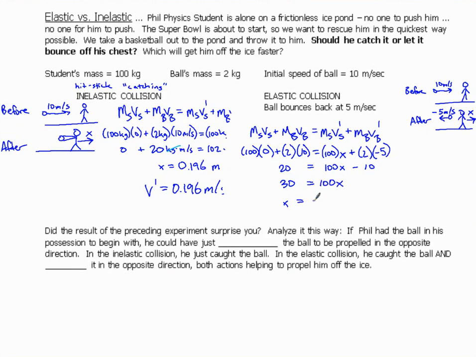We find that x equals 0.30. So we're going to say the new velocity of the student is 0.30 meters per second. And if you were going to put in the direction, it would be in the original direction of the ball.